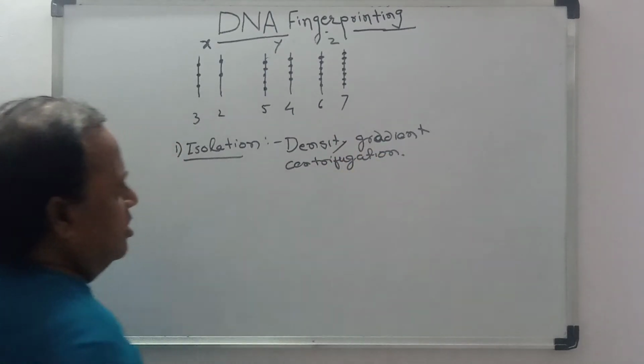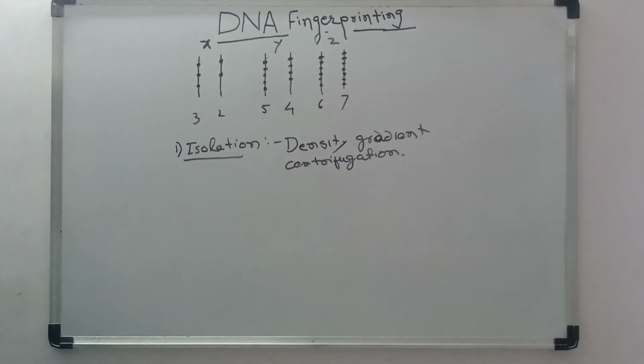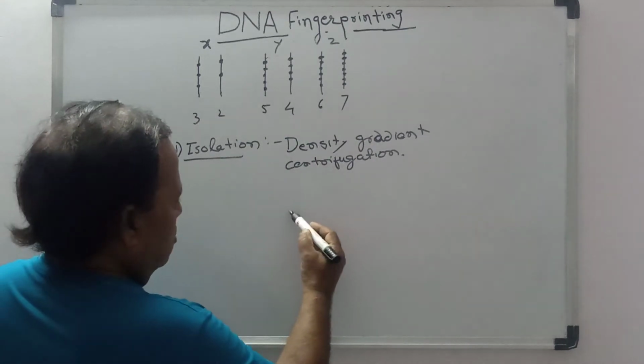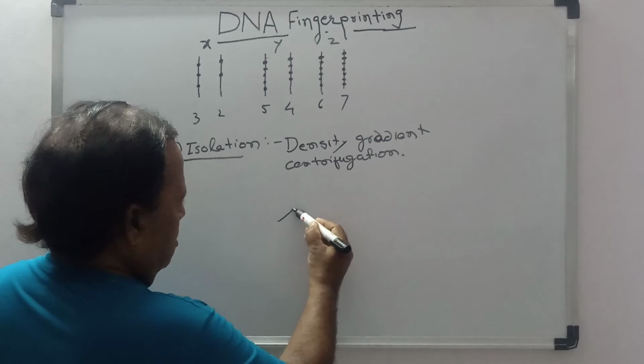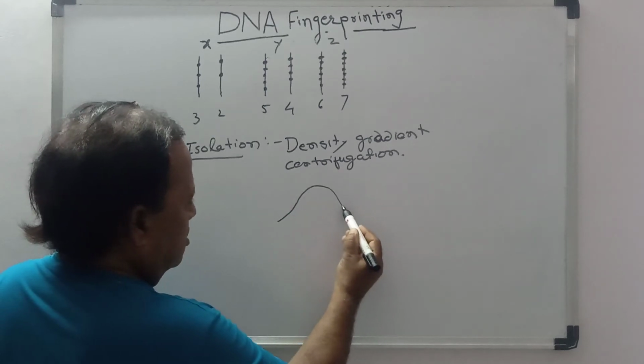Density gradient centrifugation. After this process, we will get 2 peaks.